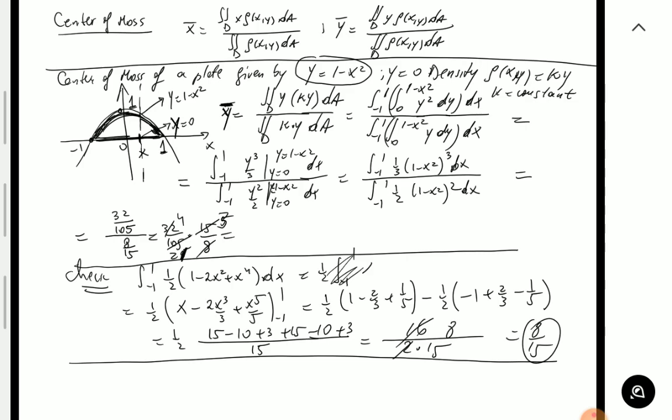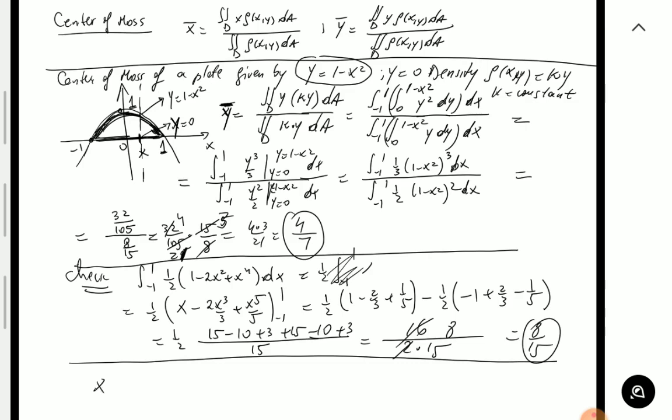So 4 times 3 over 21, and you can simplify by 3, so this is 4 over 7. Obviously it should be between 0 and 1. Going back to the shape of the plate, the center of mass is somewhere between 0 and 1.